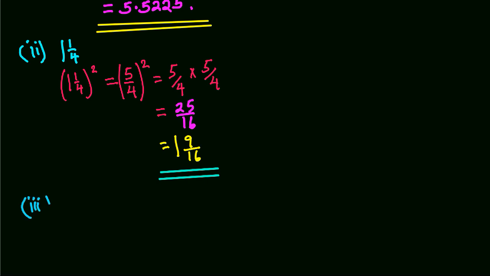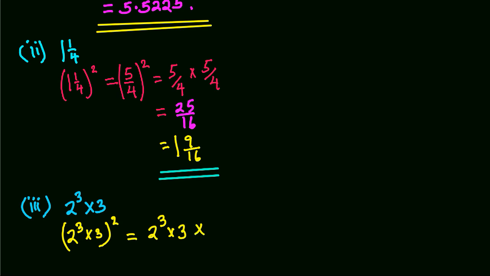And if we have 2 power 3 times 3, and we want to get the square of that, then that by definition means 2 power 3 times 3 squared, which is written as 2 power 3 times 3 times 2 power 3 times 3.